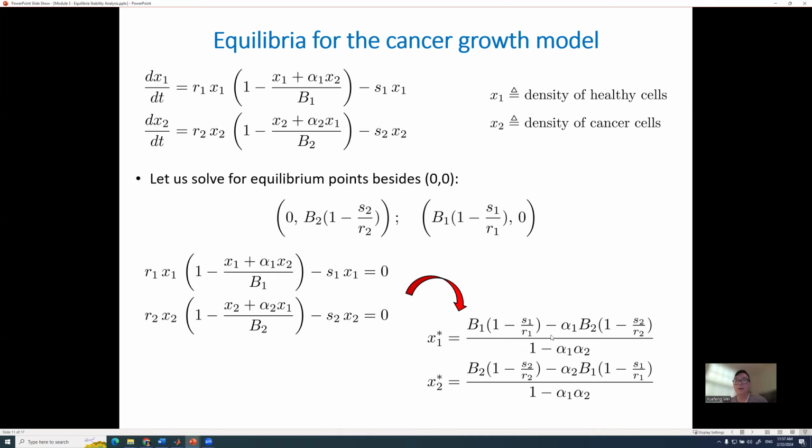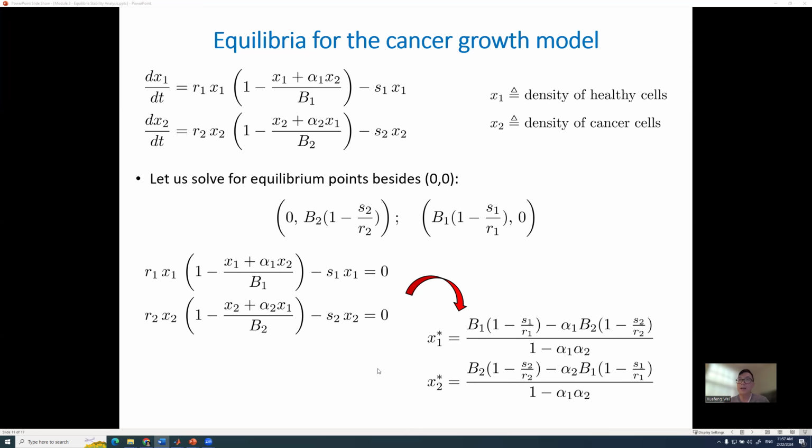This scenario represents cancer cells and healthy cells both coexisting in the same host. So this is the third scenario, where the two cell types, healthy cells and cancer cells, coexist in the same host.